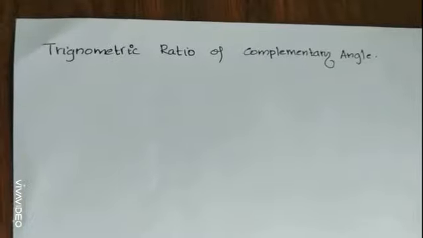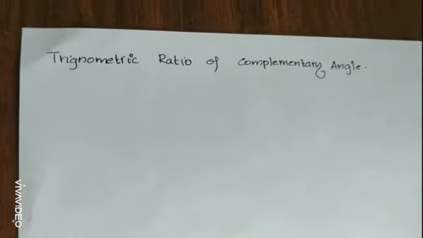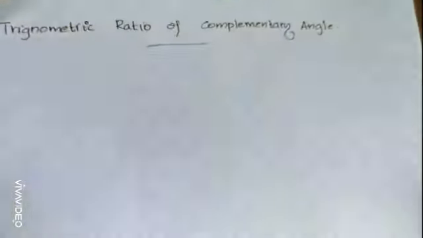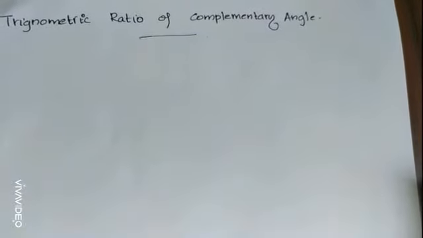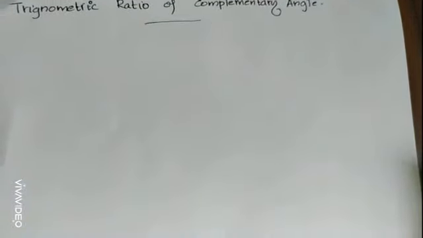Now we will see trigonometric ratios of complementary angles. In this section, we will obtain the trigonometric ratios of complementary angles in terms of trigonometric ratios of the given angle. So first of all, what is a complementary angle?